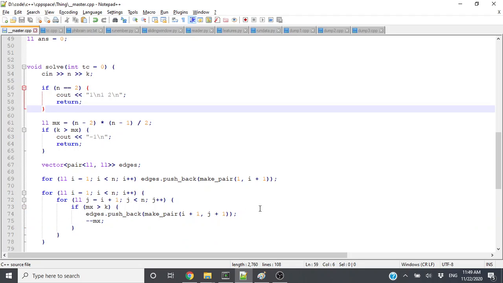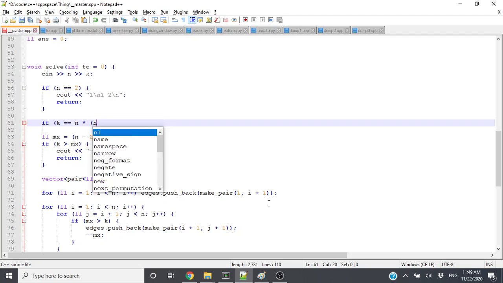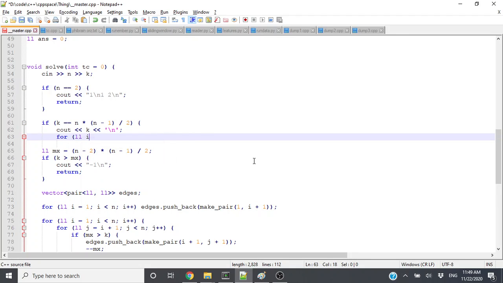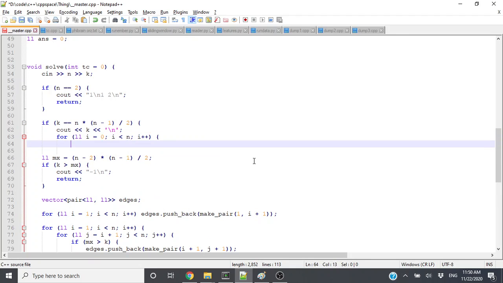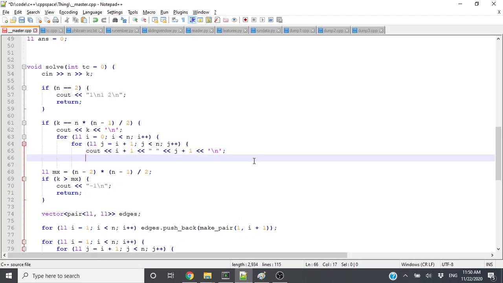So if k is equal to n times n minus 1 over 2, print out the complete graph. That's fun.